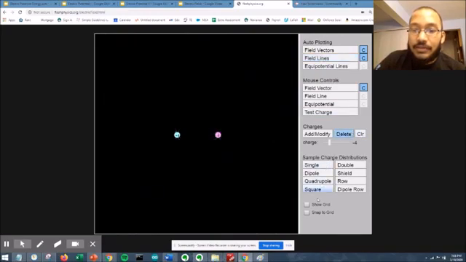So that was two opposite charges. What about two charges with the same sign? Think about it for yourself. In what direction is the electric field pointing over here, over here, over here, and over here?